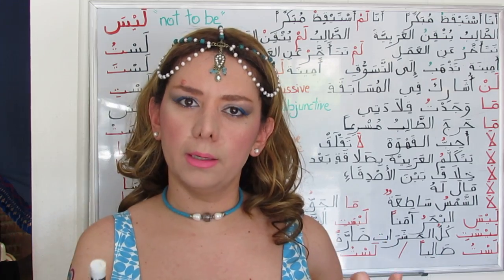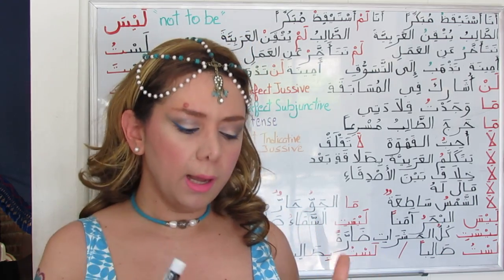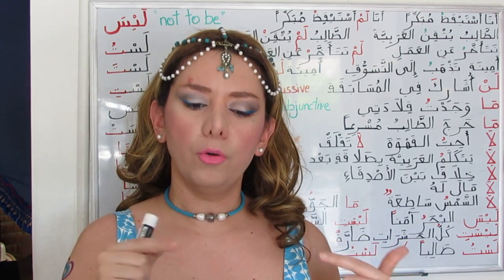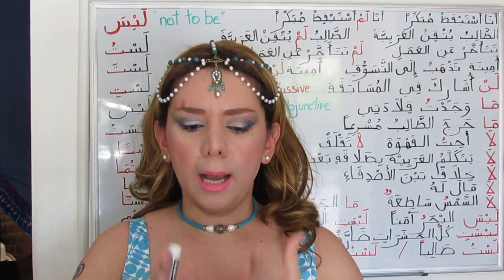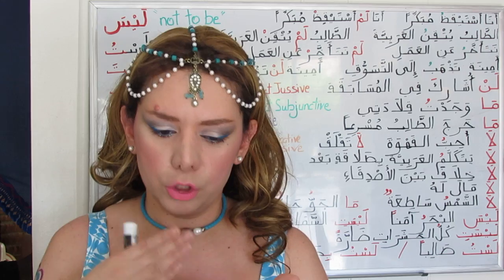For order form, we use لا, which also means no in Arabic. نعم, yes. لا, no. So here, لا النافية, la of negation. So we use لا plus the imperfect jussive with second person conjugation placed directly before the verb to form an order.